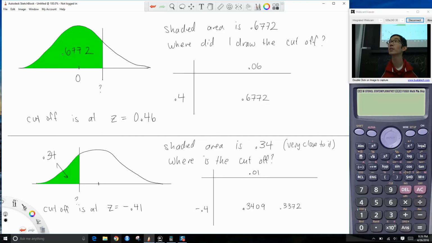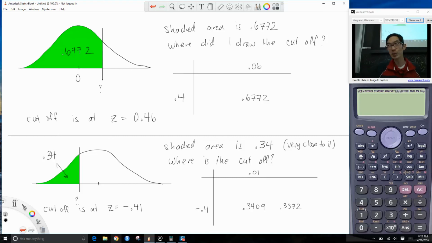Questions? You guys have to feel comfortable with all of this stuff. If we're given a question with a z-score, would the area that we're looking for be shaded? So, this is, I will not give you questions directly like this. This is kind of one of the building steps in the question.